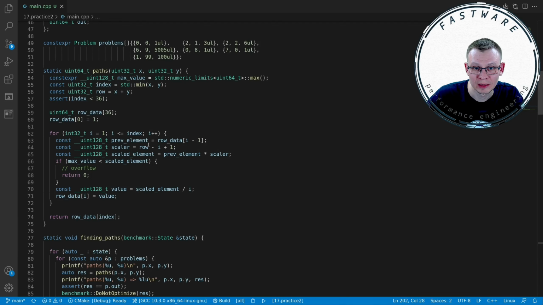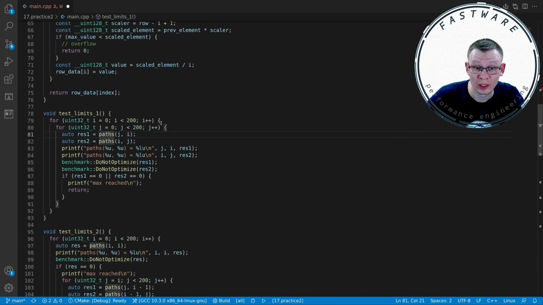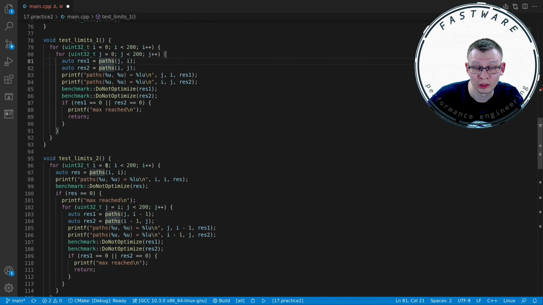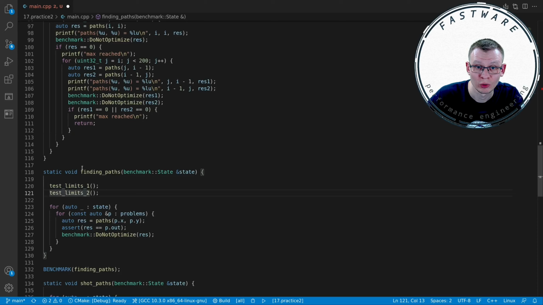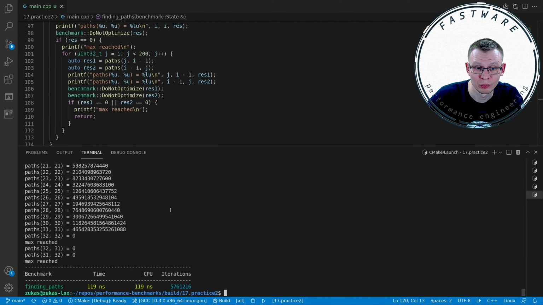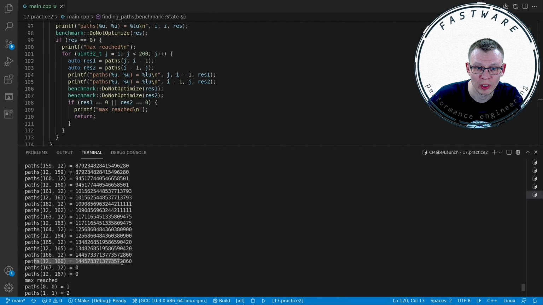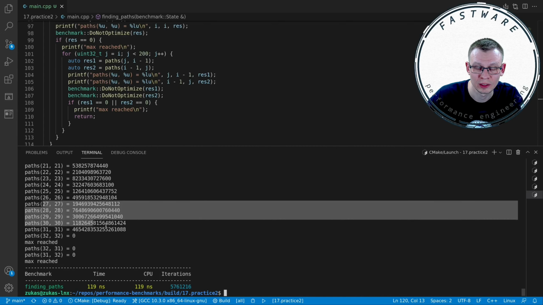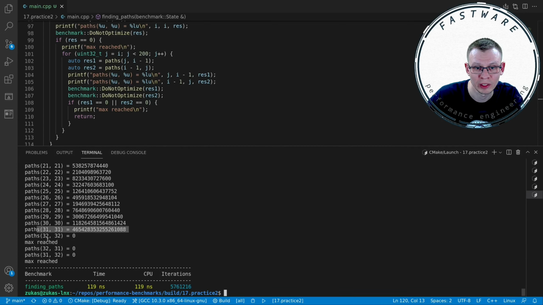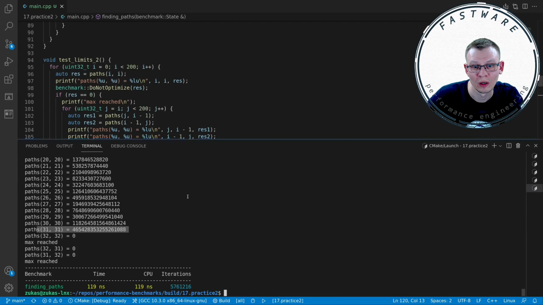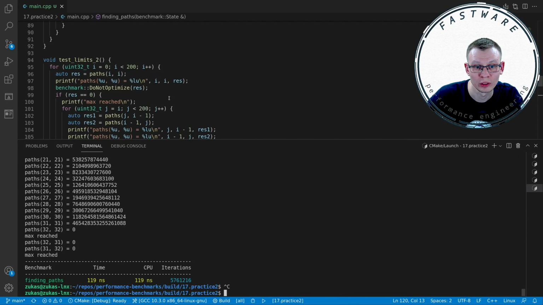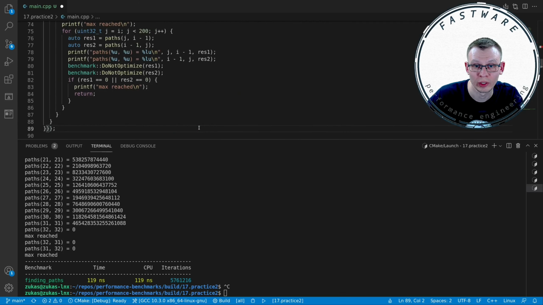Now I want to test the limits of my function. So I just dump a couple of limit functions that I wrote, trying to basically print the limit. So I can see that 12 and 166 in the rectangular grid, and 31 by 31 on the square grid.